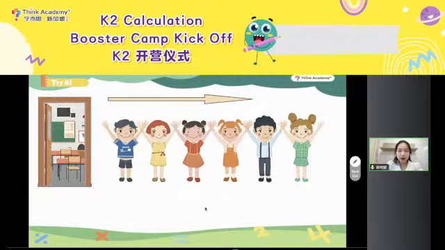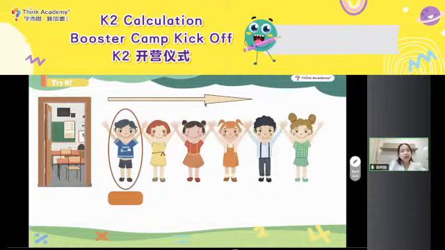All right. So, where is this boy? Look at this one. We are telling the position from left to right. So from left to right, the boy is in the, oh, he's number 1. How do we call number 1 in ordinal number?